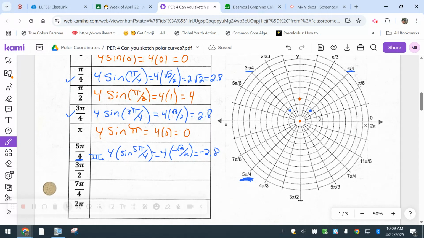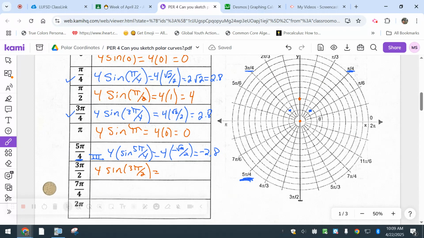So you don't have another point to plot. It's the same point. So it's a little weird. And same thing's going to happen when you go to 3 pi over 2, right? 3 pi over 2. So 4 sine.